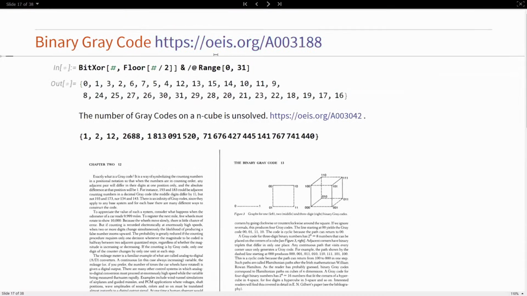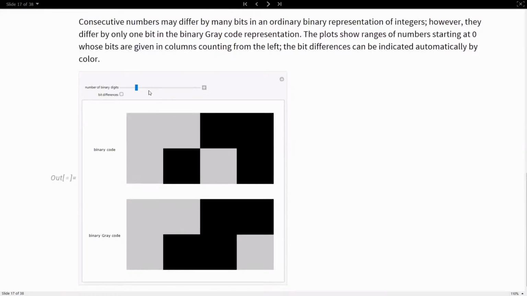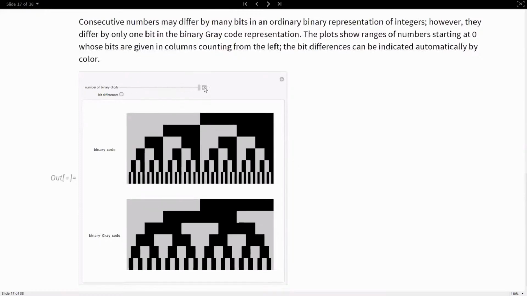For the binary Gray code, you're basically wanting this property where you have a series of numbers that don't change much from one to the other. You're basically arranging them so that only one bit of the binary representation changes with each step.